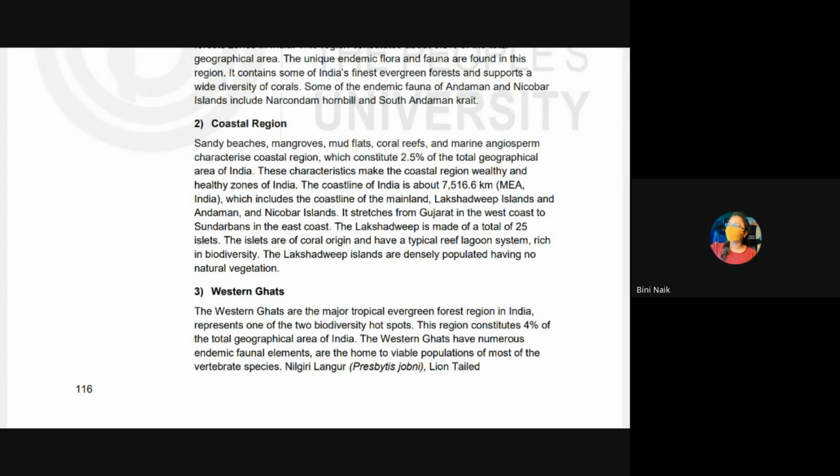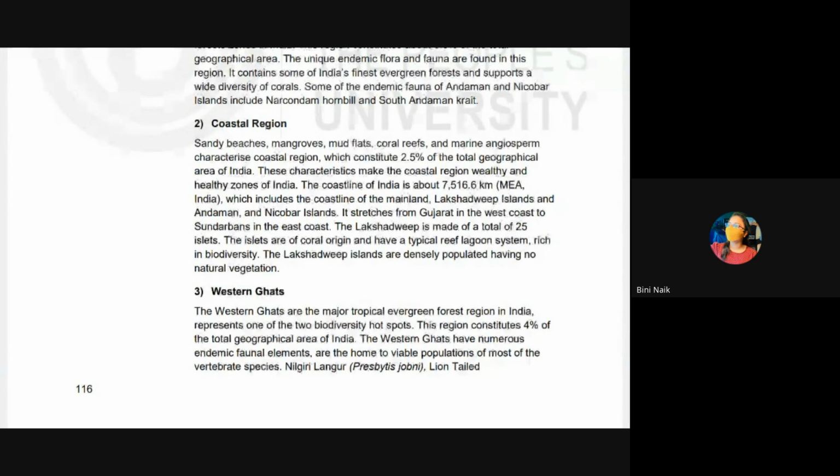In the eastern coastal plains, you must be knowing about the different divisions. Coastal plains are divided. The western coastal plains have the Coromandel coast, the Konkan coast, then the Mumbai coast, and the Kutch. Sorry, Coromandel is the part of the eastern coastal plain.